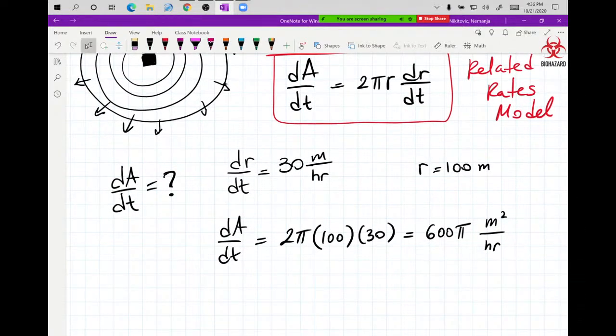So this is how fast the area, the pollution, is spreading. When the radius is 100 meters away from the rig, 100 meters is like 52 or 6'3".